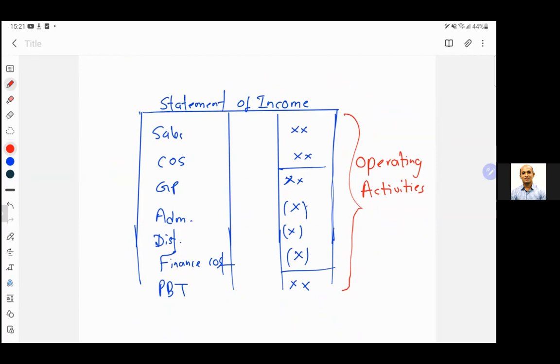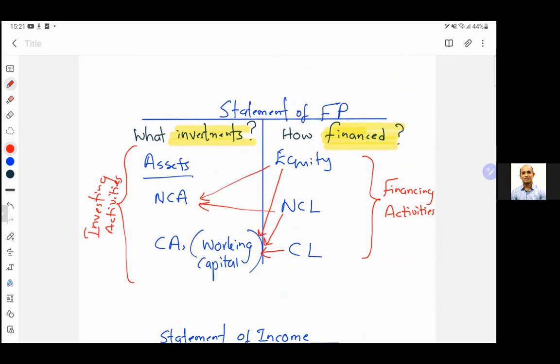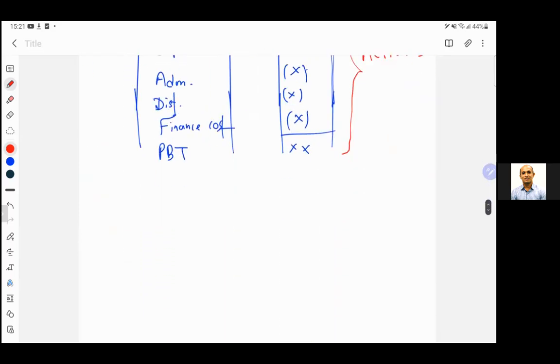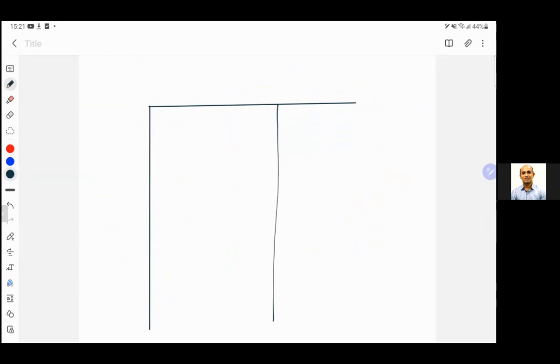Then cash flow effects. Cash flow effects of all your investing, financing, and operating activities, you can see from the statement of cash flows.